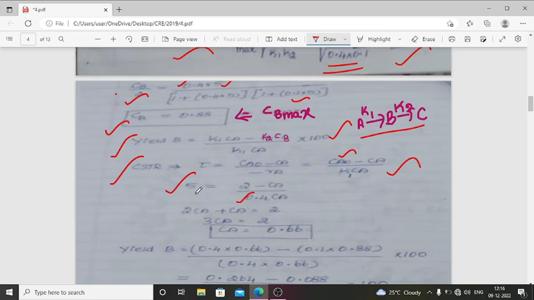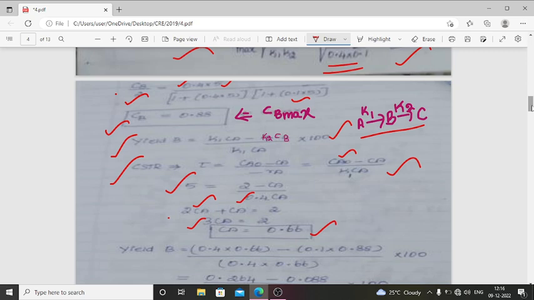Cross multiply this: 5 into 0.4 into Ca, that is 2 Ca. This minus Ca comes to this side as plus Ca. Totally 2 Ca plus 1 Ca, 3 Ca. On the RHS it is equal to 2. From this Ca is equal to 0.66. So now we get the Ca value.